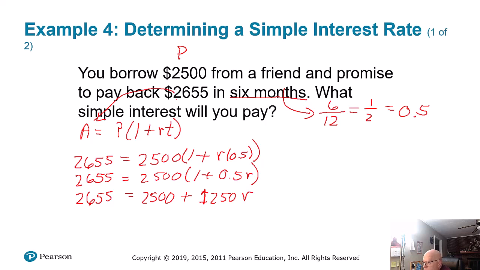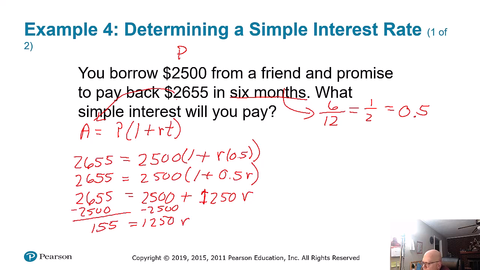Next, we'll subtract the 2,500 from both sides. So on this side, we'll have 155 equals, and these two will be gone, 1,250 R. Now how do we get R? Divide both sides by 1250.